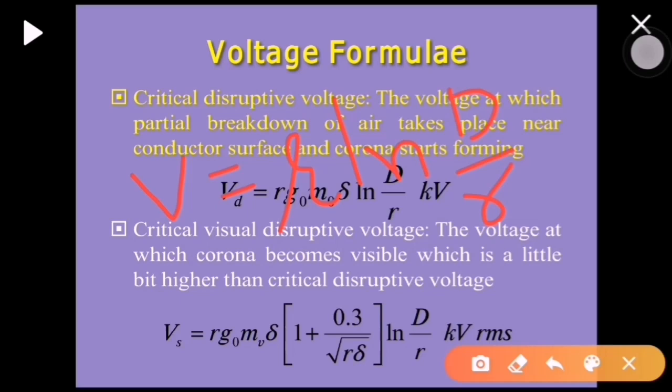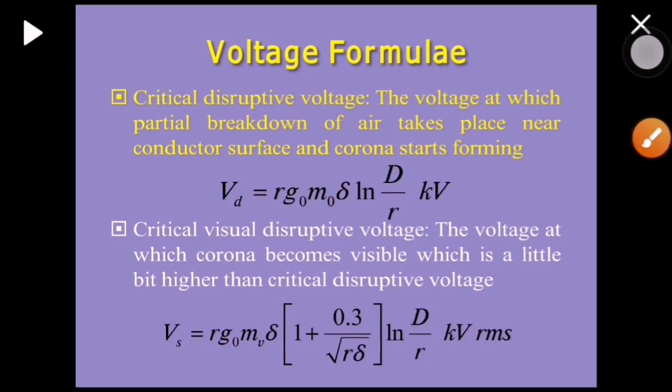Suppose conductors are A, B, C, and if they are equally spaced, say in the equilateral triangle fashion, then the distance among the conductors will be D. If they are not equally spaced, distance between them is defined as mutual GMD of the conductors.